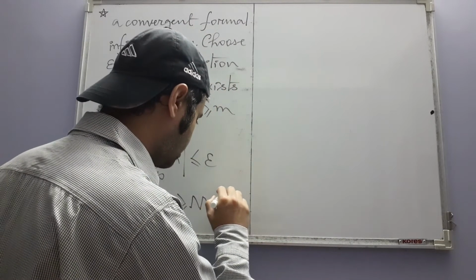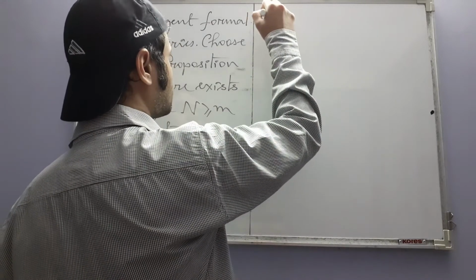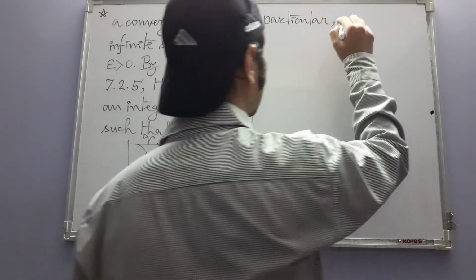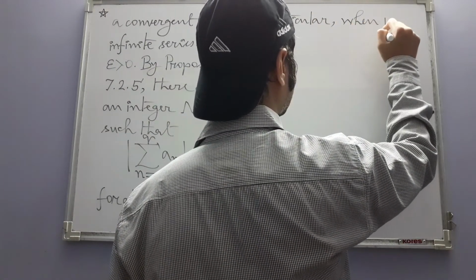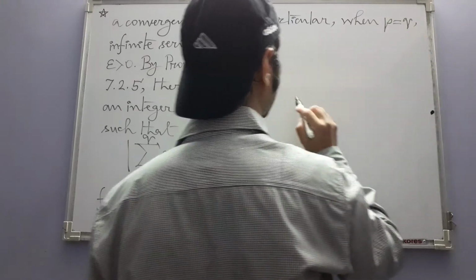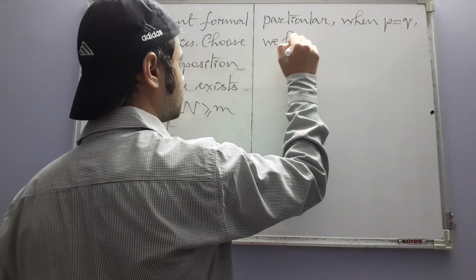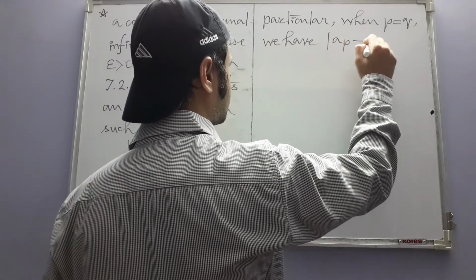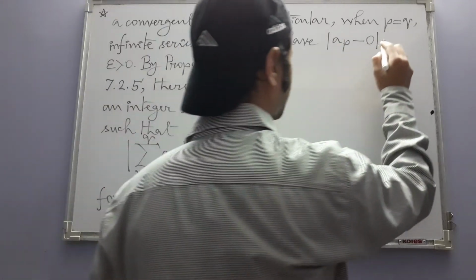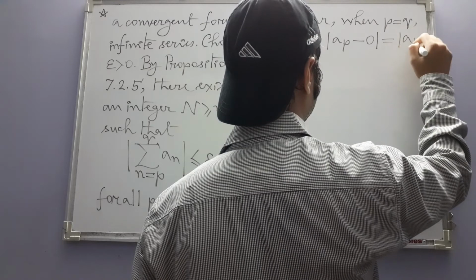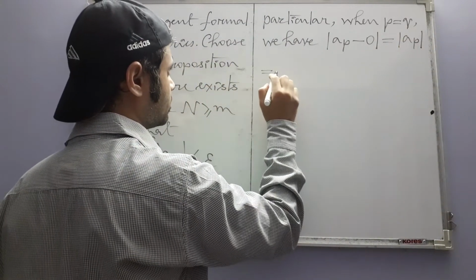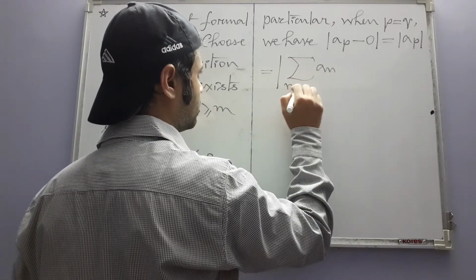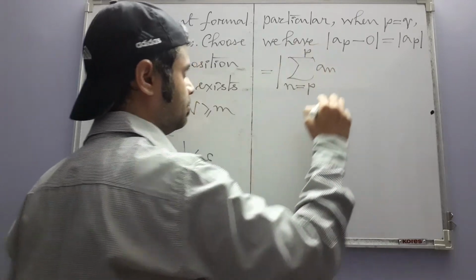So in particular, when p is equal to q, we have the absolute value of ap minus 0, which is equal to the absolute value of ap, but that is equal to summation an, n varies from p to p.